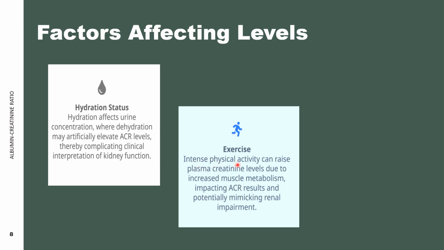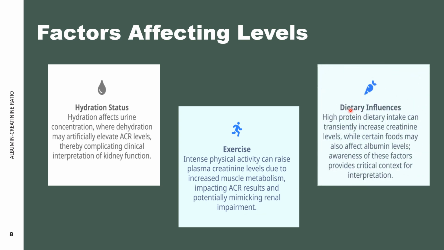Intense physical activity can raise the plasma creatinine levels due to increased muscle metabolism and thus falsely can mimic renal impairment. Finally, high protein intake can transiently raise the creatinine levels, which can lead to misinterpretation of ACR results.